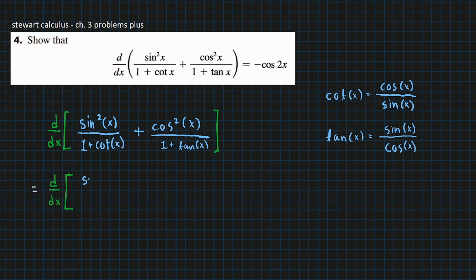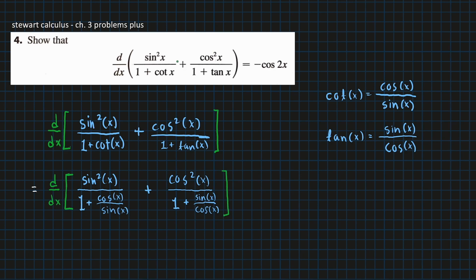So we have sine squared of x over 1 plus cotangent of x, which is cosine of x over sine of x. And to that we still have our cosine squared x in the numerator, so we'll leave that be. And in our denominator, we have 1 plus sine of x over cosine of x.